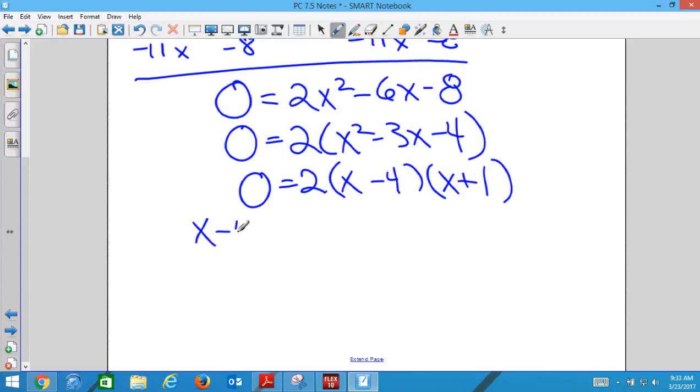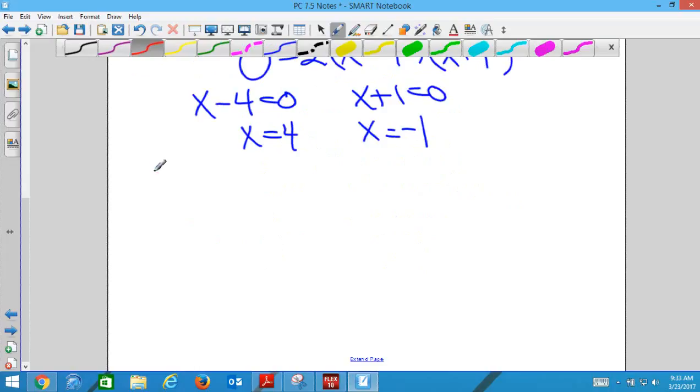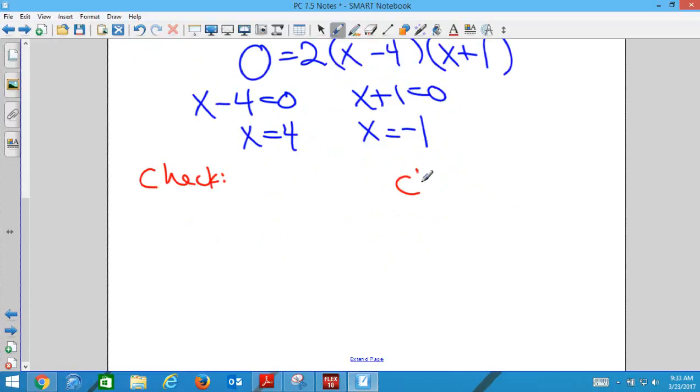So we get x and x to make -4 and +1. Then we set each factor equal to 0. We get +4, and we get -1. To check 2 answers, we actually have to do 2 checks. So I'm going to plug in 4: 1 over 2 times 4 plus 5, that gives me 13, equals 4 over 11 times 4, 44 plus 8, 52.